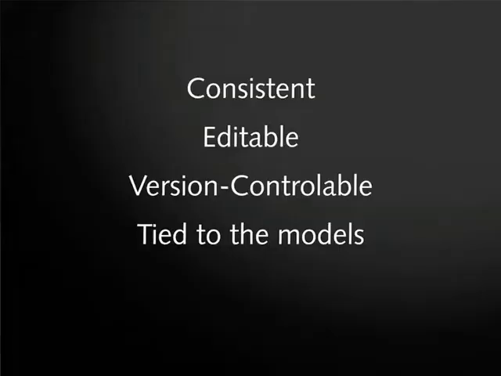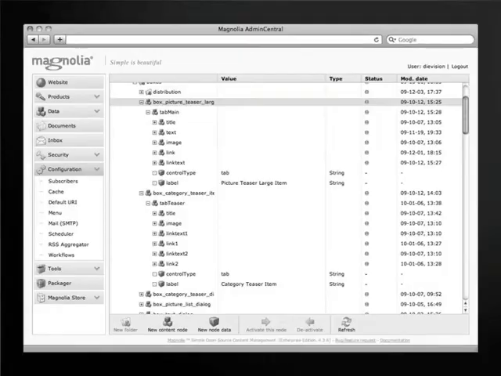The second thing I want to mention is the configuration part. What's important for the configuration for me is that it's consistent, that it's editable, that it's version controllable. I have to be able to tie my configuration to the models, because as you saw, my models are automatically extended by the definitions of templates, of dialogues, and so on.